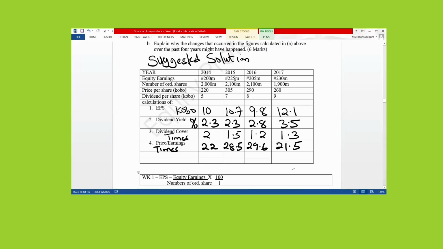What is the percentage increase in equity earnings? 12%. It should be 12.5%, if I'm correct. Yeah, 12.5%.